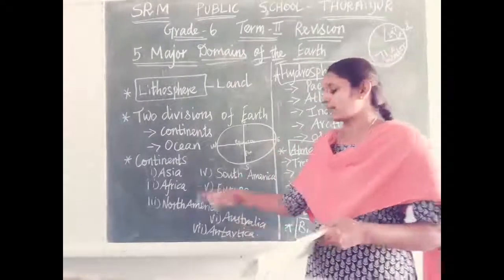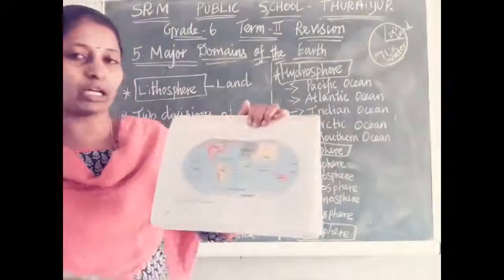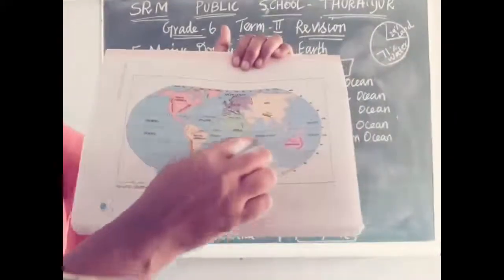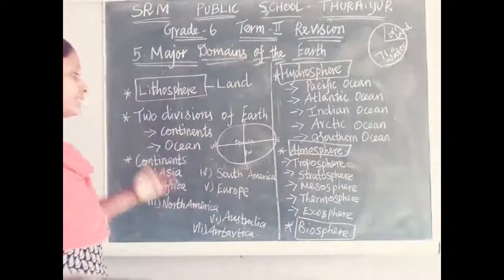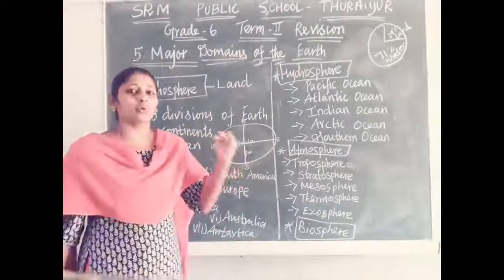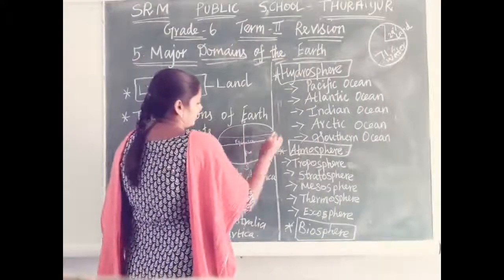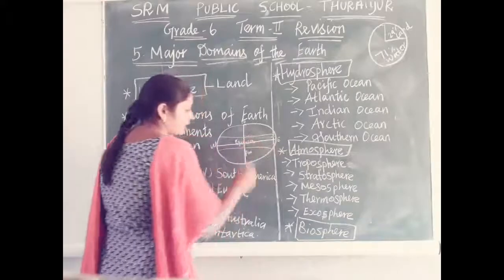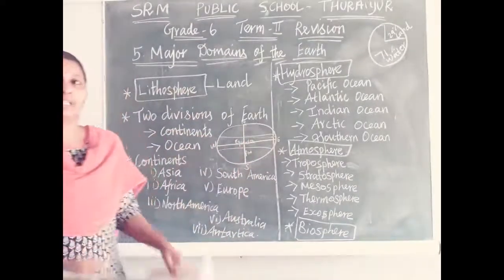The second largest continent is Africa. Here Africa is located. All three major latitude lines, the equator, Tropic of Cancer and Tropic of Capricorn, pass through the African continent.